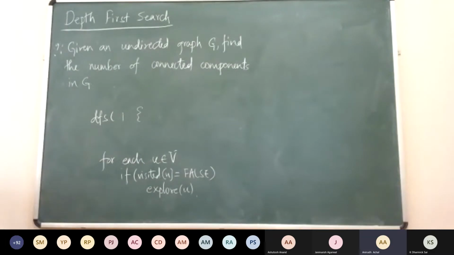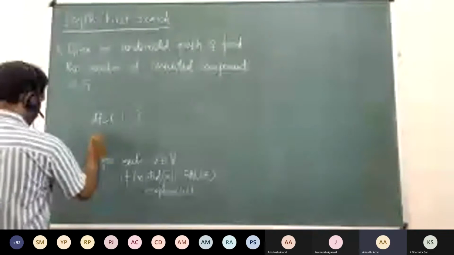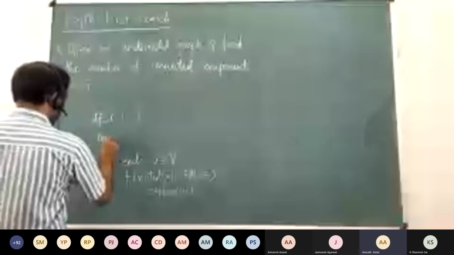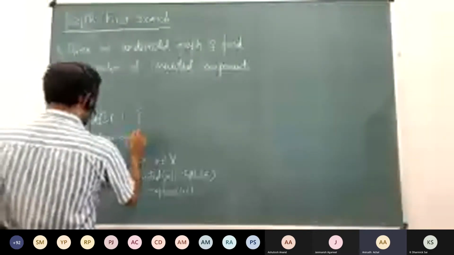Right below explore or right above explore? Right above explore. So you can have some component count, which is initialized to 0 first.